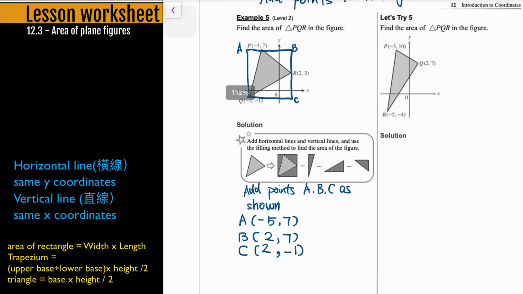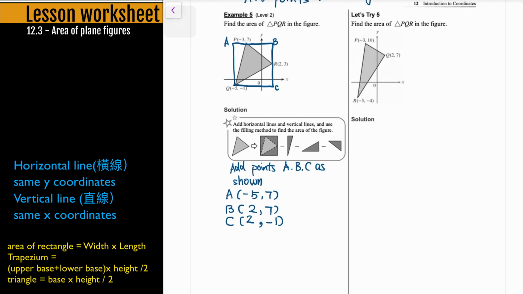So now we know that for the area, we need to do the calculation one by one. First, we find out AQ and PA. So PA equals -3 minus -5, which is 2 units.